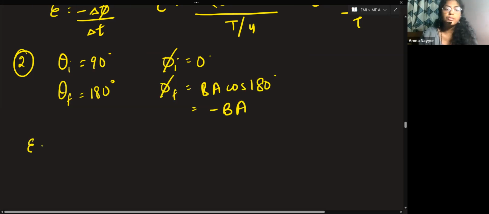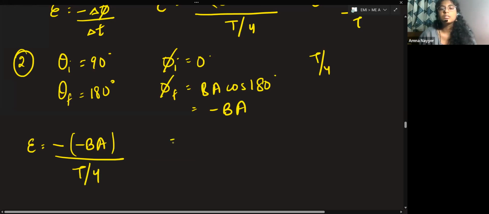Now if you write the values, the time period will be T by 4. So EMF is minus (final minus initial), which is minus (minus BA) divided by the time period. The time period is T by 4. This comes out to be 4BA divided by T. So this is for the interval from 90 degrees to 180 degrees.